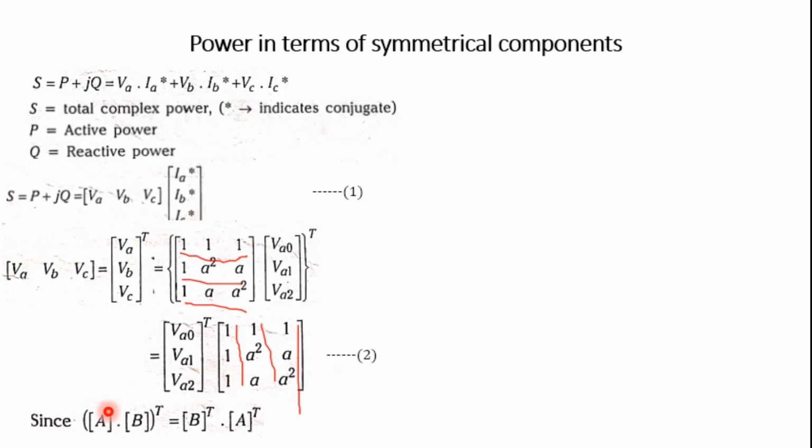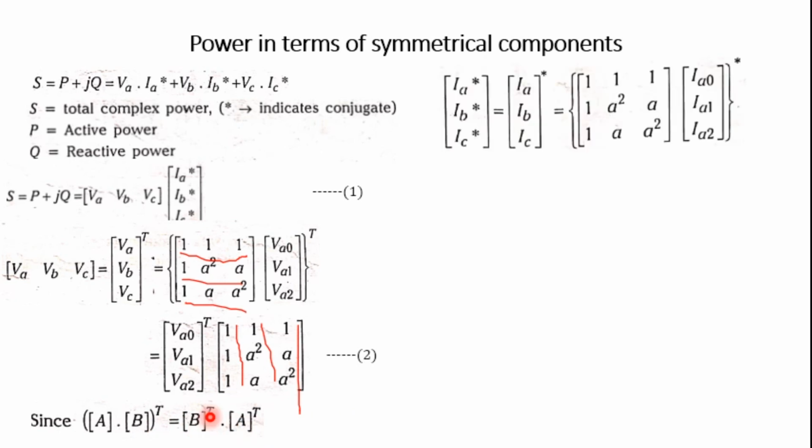Since we know that the transpose of A into B can be written as B transpose and A transpose, the conjugate of IA, IB and IC can be written in the same way. This is how we have written the values of the line current by using the symmetrical components. So this can be written as [1 1 1; 1 a² a; 1 a a²] into [IA0 IA1 IA2].